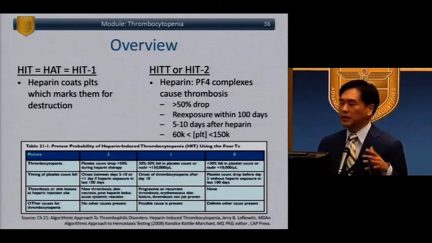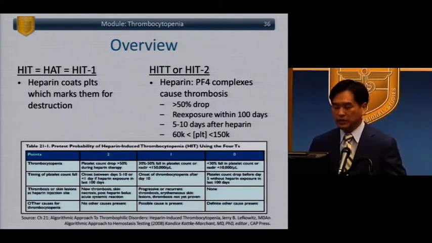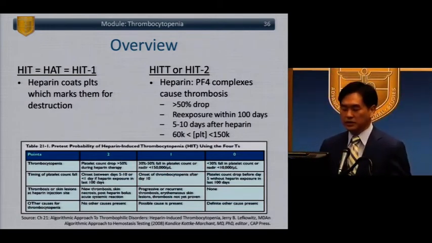So, HIT, or heparin-induced thrombocytopenia, has undergone a number of nomenclature changes over the last, say, 15 years, depending on when you grew up. There used to be HIT and then HAT, and then there was HIT, and then there was a HIT 1 and HIT 2. Then they all kind of fell into this category. One is that sometimes when you give heparin, the heparin coats the platelets, which marks them for destruction by the reticuloendothelial system, which could create thrombocytopenia.